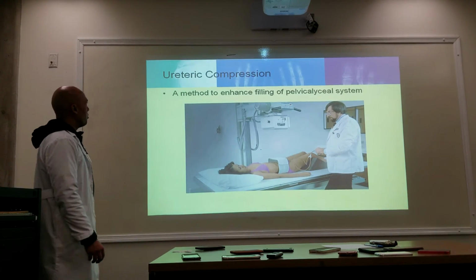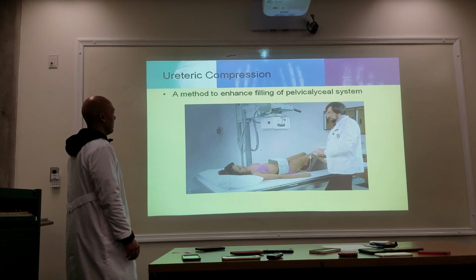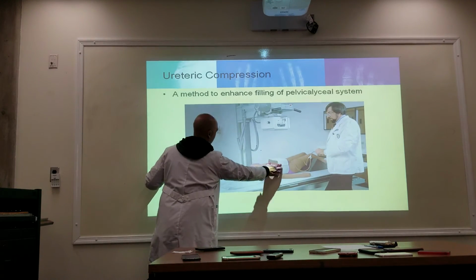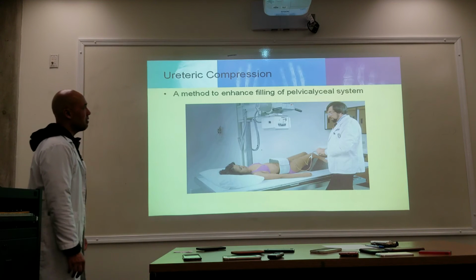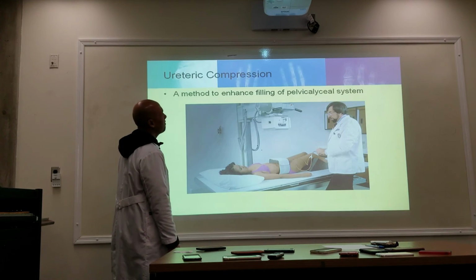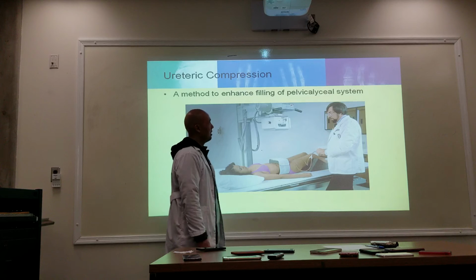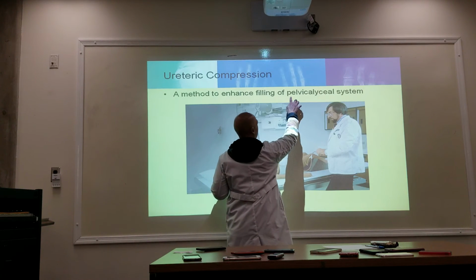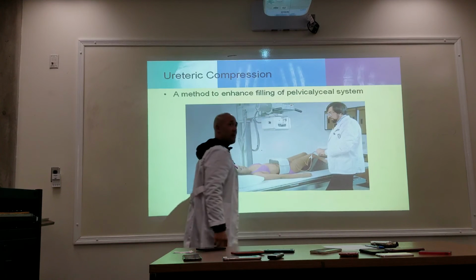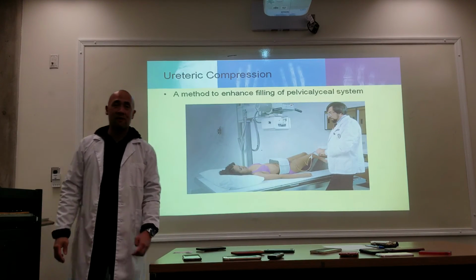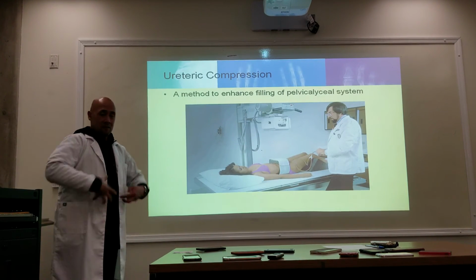The urinary compression is a method or tool used to enhance the filling of the pelvic-calyceal system, referring to the pelvis and the calyx. Where are we going to find that on the kidney? It's going to be up here somewhere.